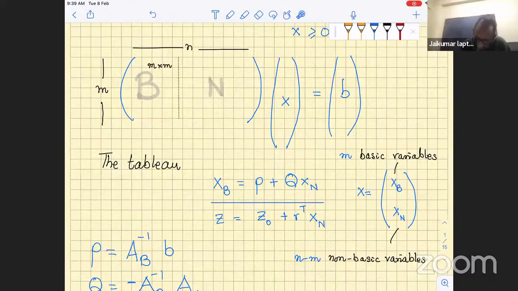Correct. So the current situation is that these variables are set to 0. And if you were to stop Simplex right now, the current feasible solution would be that XB has been set to P. And under that setting, the current objective value would be Z0. Okay.